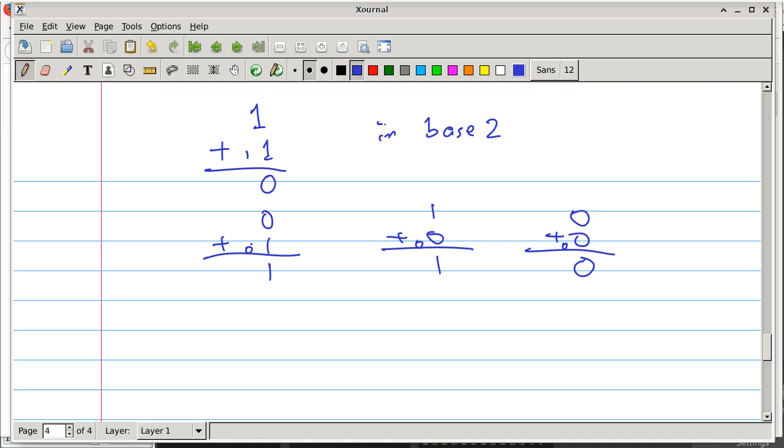What do we do with the carry? Well, we just have to remember there is a carry for now. Okay? All right, so based on this, we can now make a table. It's kind of a truth table. We have x, we have y, which are the independent variables.